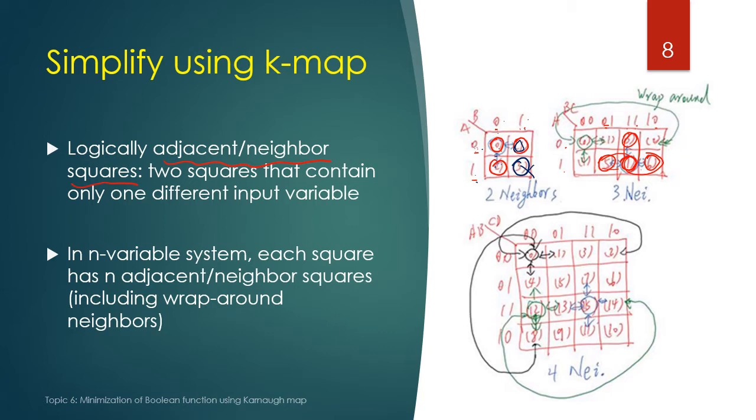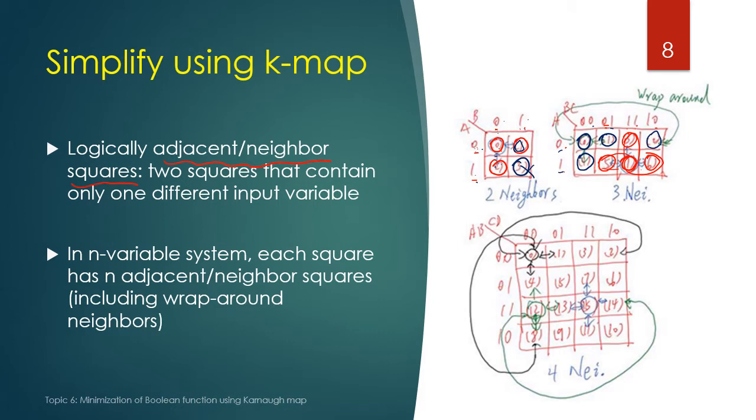Now the special case comes if we look at square 0. How many neighbors does it have? It's very easy to tell that square 1 and square 4 are its neighbors, right? Only 1 bit difference. But if we look closely, we actually find that square 2 is also a neighbor of square 0.